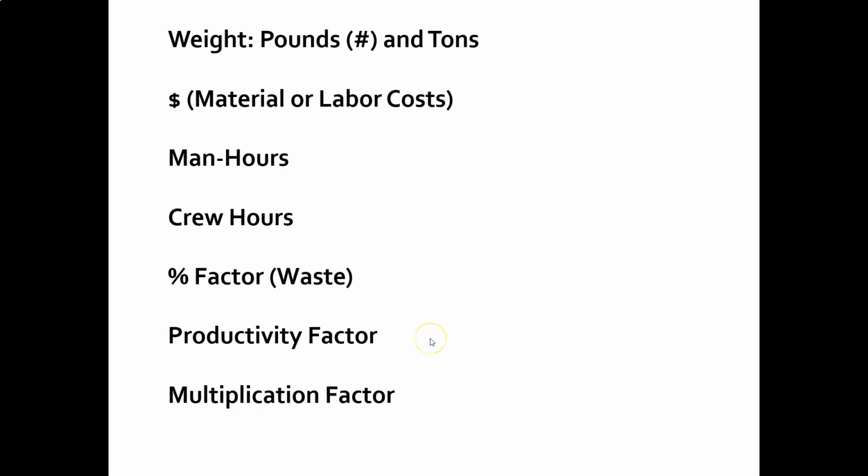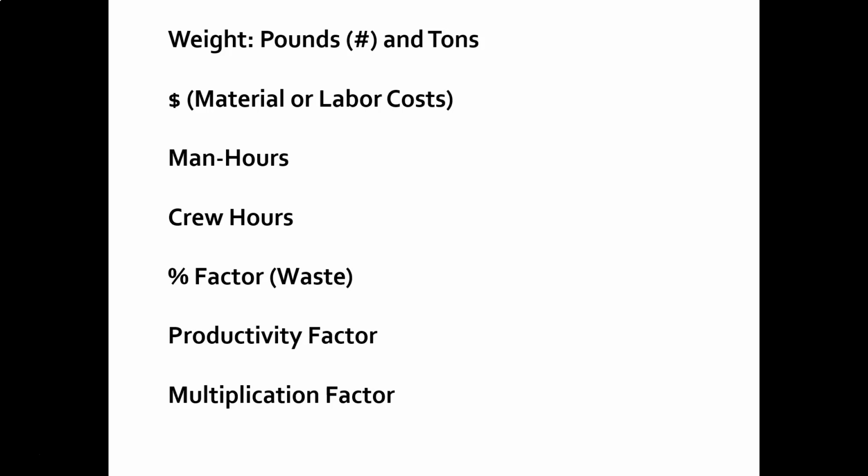Productivity factors. So that could be, again, concrete. For instance, if we have 100 cubic yards going in, the productivity factor could tell us how quickly the crew could do that. And multiplication factors as well. Those are numbers that, like when counting all of the studs, or joists in a floor, we would have a dimension.